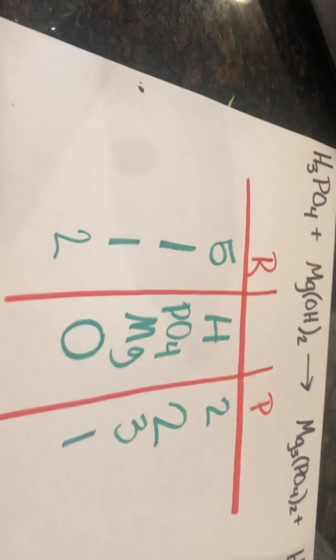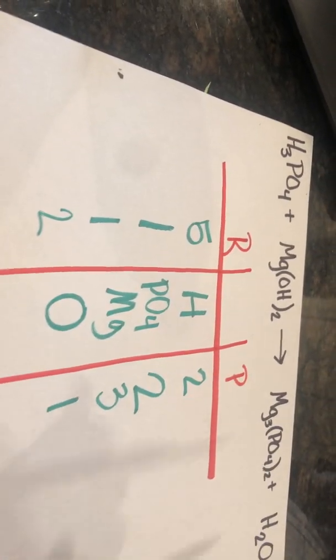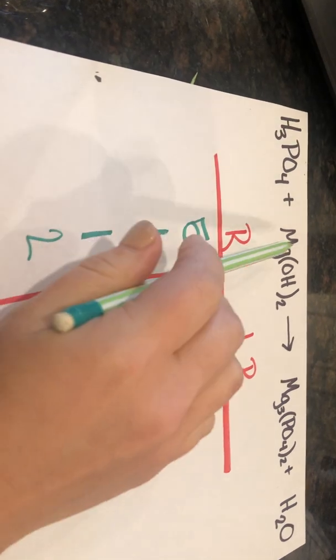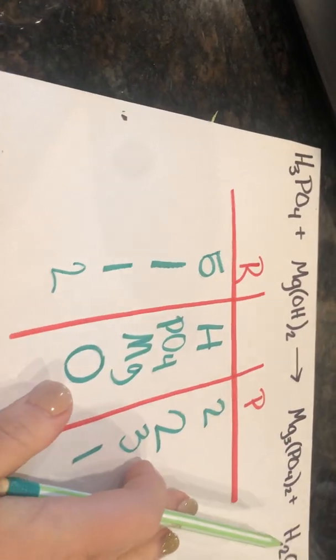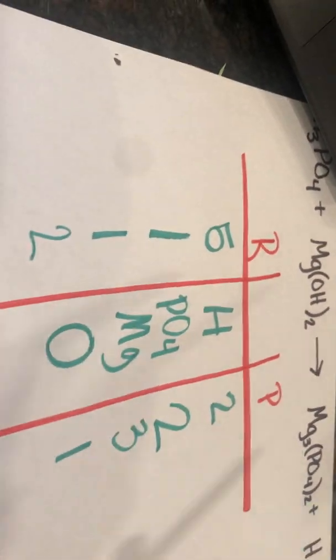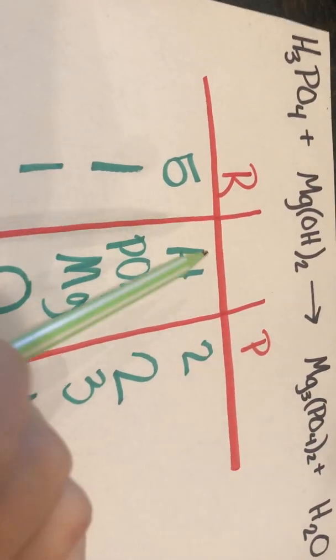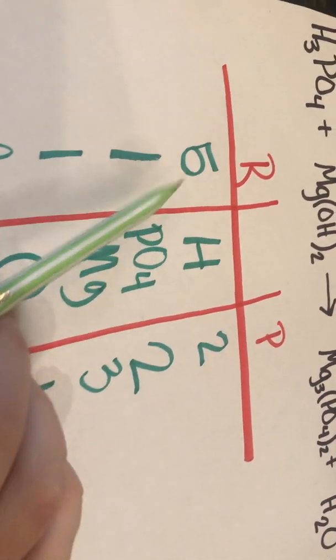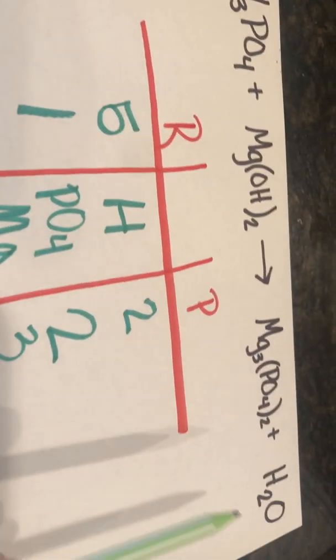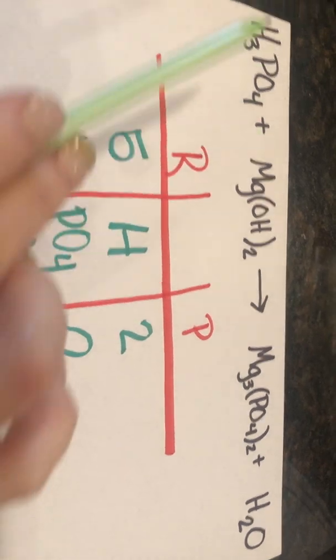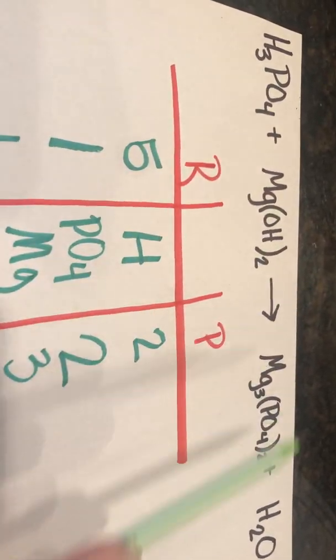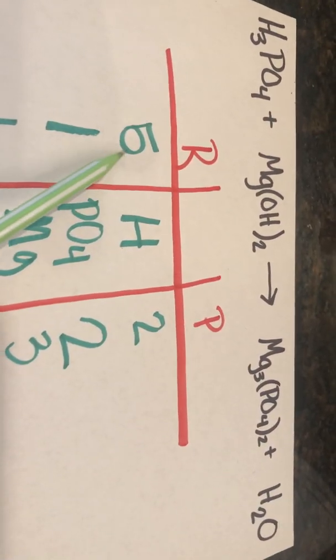Switching to a pencil because we're now going to start manipulating our coefficients in front of each of the formulas. So I have 5 hydrogen. Let's start with hydrogen. I have 5 over here, so I need to start balancing out where I have the same number. 5 is going to be a hard one to meet, right?